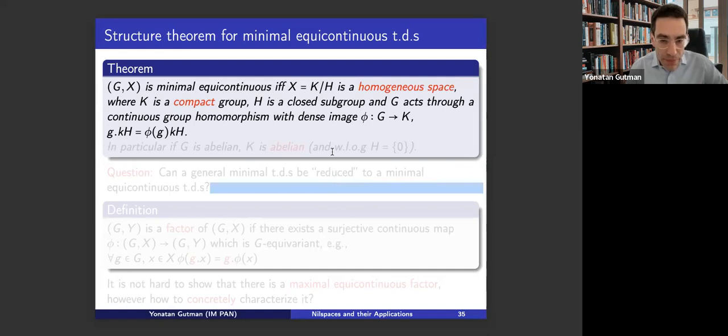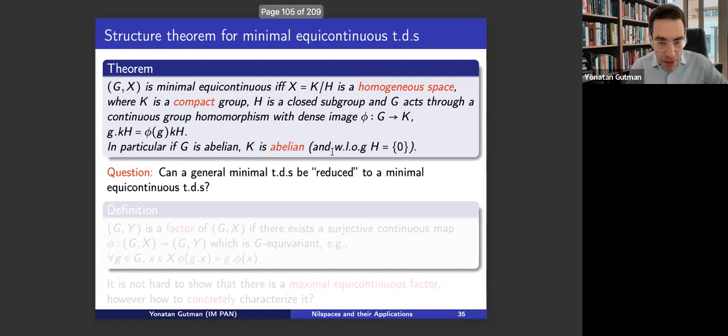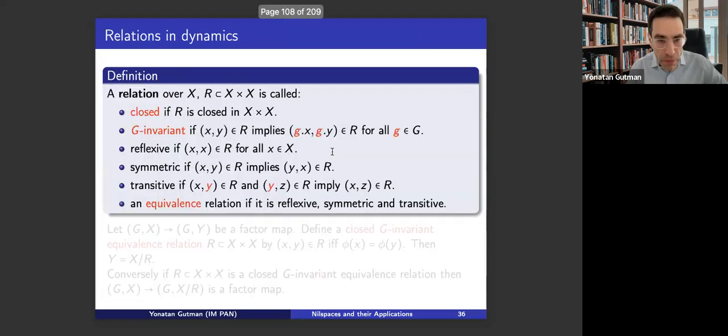And then, for example, you can start asking if a general minimal topological dynamical system can be reduced to a minimal equicontinuous factor. And because I don't have much time, let me just say that this is done using the language of equivalence relations, which should also be equivariant.